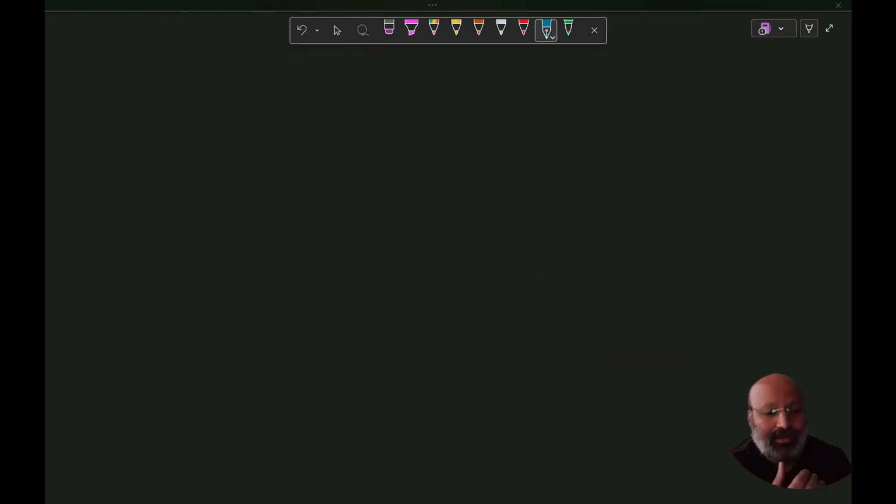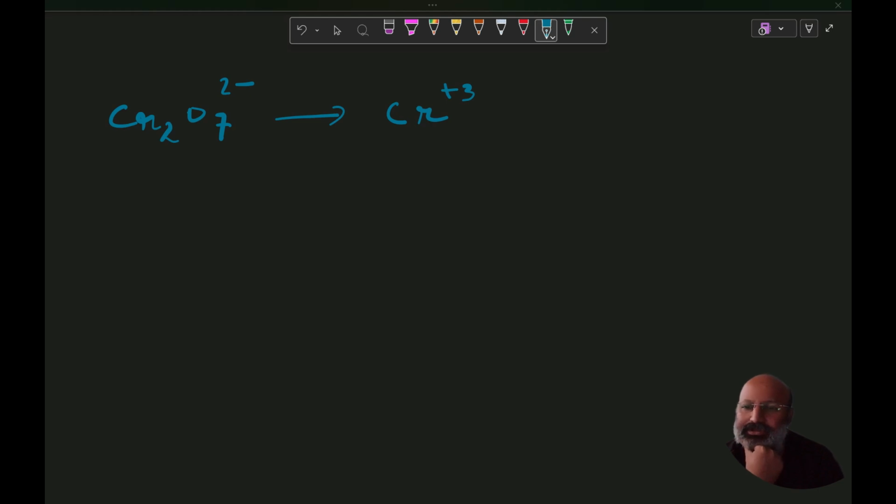Now coming to the n factor where oxidation number can change in a very different manner under different circumstances. So for that reason, you need to have the real equation, and then by looking at the real equation, you can just calculate that. Let me show you how it goes. Now I need to calculate the n factor of Cr2O7 2-, potassium dichromate or sodium dichromate.